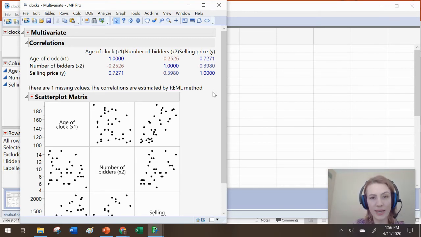So between the age and the number of bidders, we want it to be a weak relationship. Look where age lines up with number of bidders. It's going to happen in two places, but it'll be the same number each time. The correlation coefficient between age and number of bidders is negative 0.2526. So there's a weak negative linear relationship between those two things.